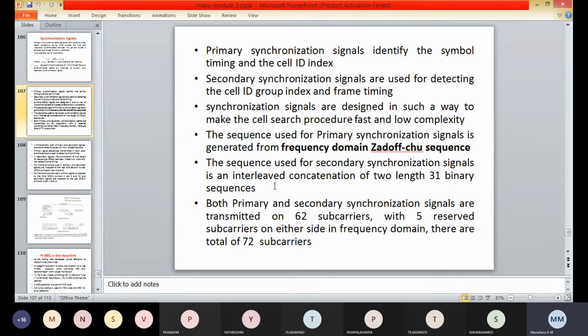Therefore the secondary synchronization signals can only be detected after detecting the primary synchronization signal. The usage of length 31 sequences makes it feasible to detect all the 168 cell ID groups.